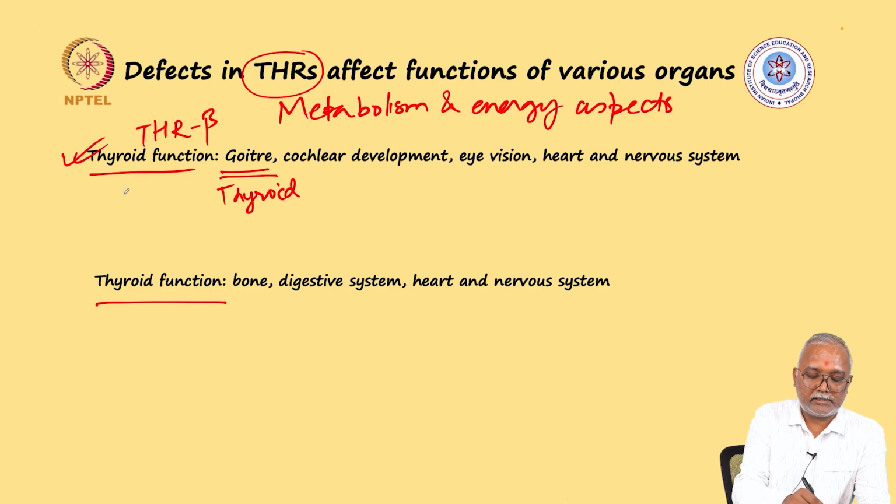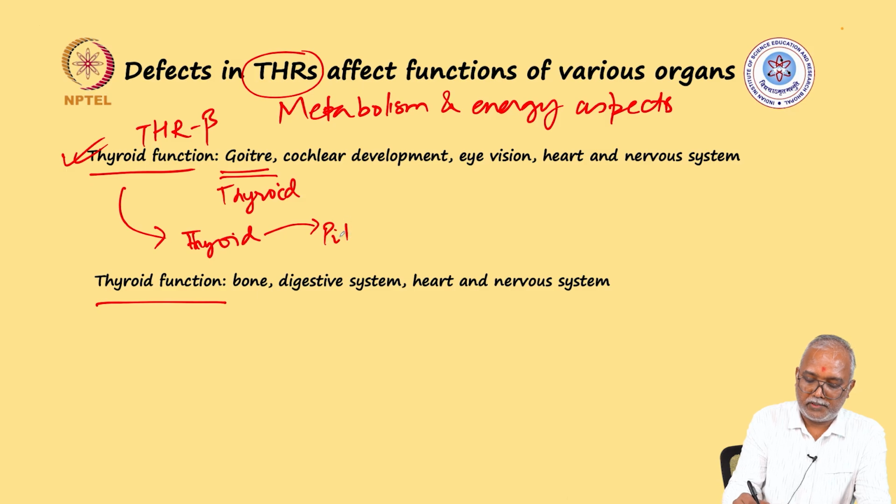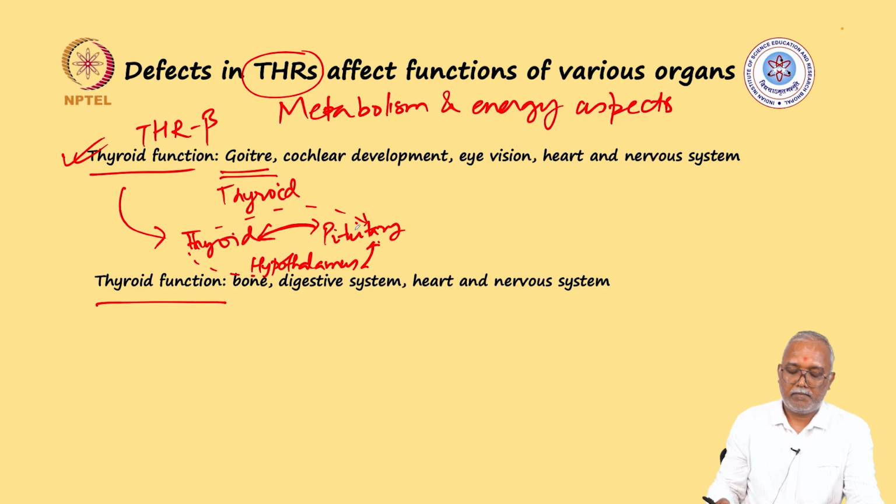First of all, it will disturb the axis which is seen in thyroid, pituitary and hypothalamus. So there are signals like this and then feedback signal onto pituitary and thyroid.